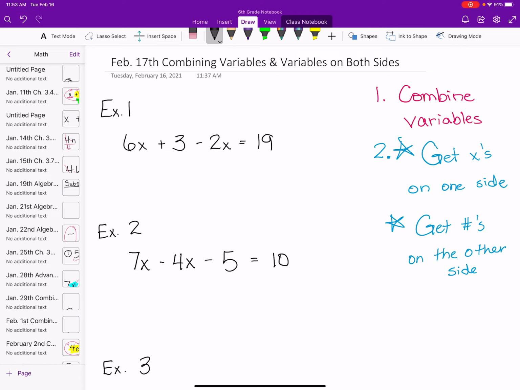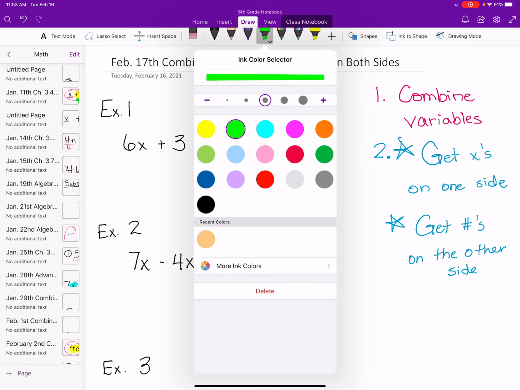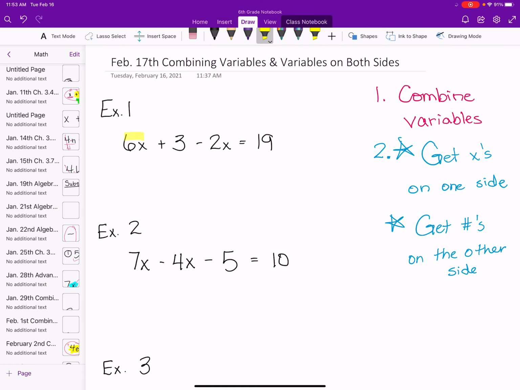So you'll remember when we are combining variables, we want to look for the variables and then combine them. So in our first example here, we see that we have a 6x. We also have a minus 2x. Remember, you are keeping the sign that is in front of your coefficient, the number in front of the x.